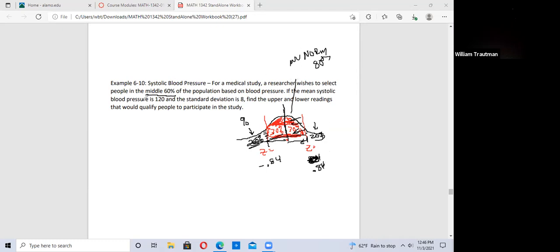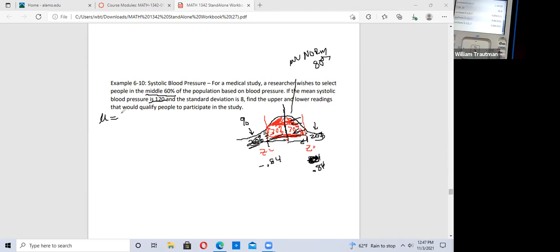We want to find now the actual scores for the blood pressure. We know the average blood pressure is 120. That's the average. Standard deviation is 8. And we need to know what this blood pressure score is and what this blood pressure score is. These are z-values.